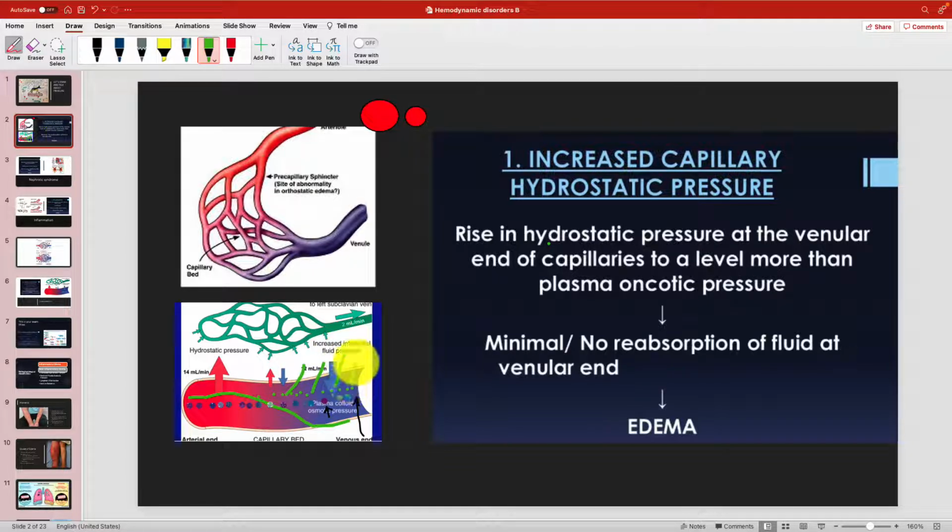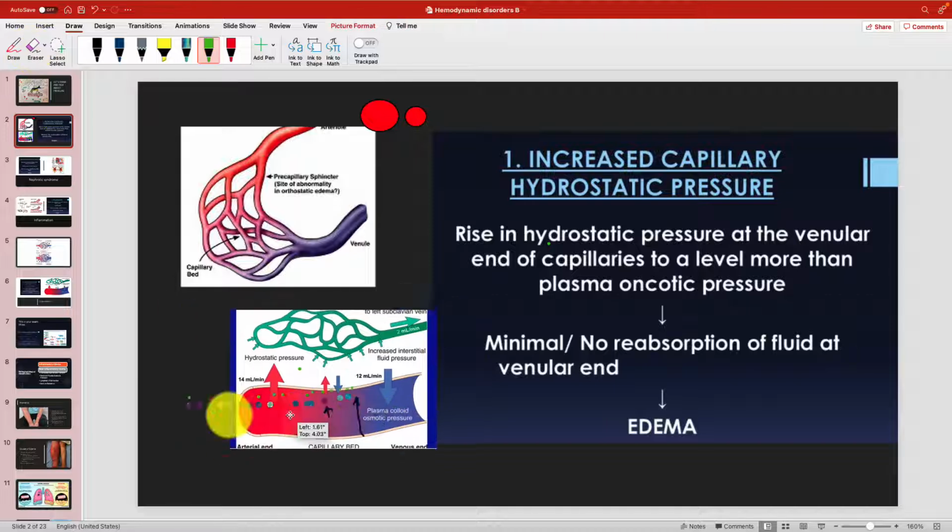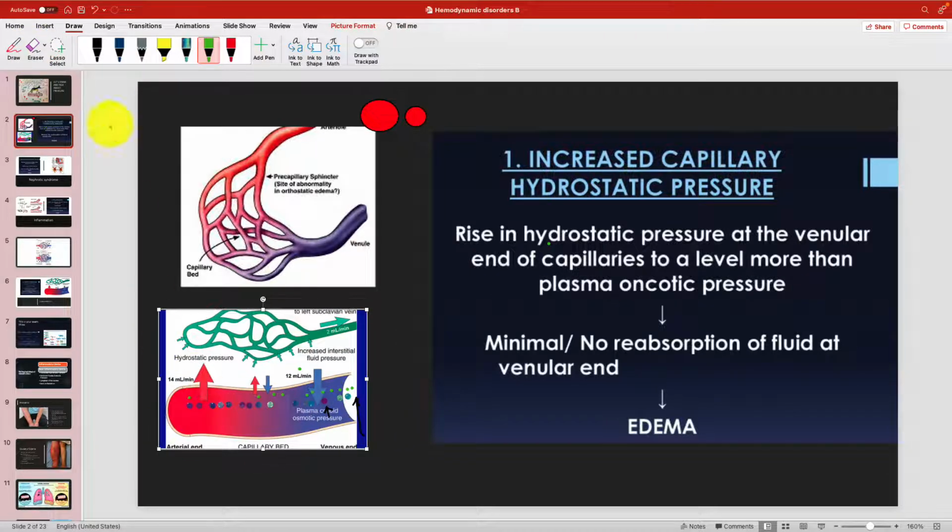So that is how, and I'm just going to draw some arrows here, hydrostatic pressure can overpower oncotic pressure, and we can have a mass exodus of goods across the entire duration of the vessel. So now when this happens, we have minimal to no reabsorption of the fluid at the venular, at the venous end, and I've already kind of told you that. So then we basically get edema, right?